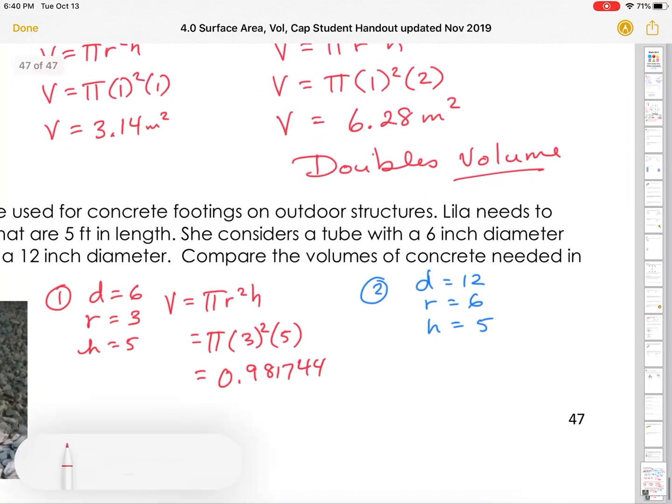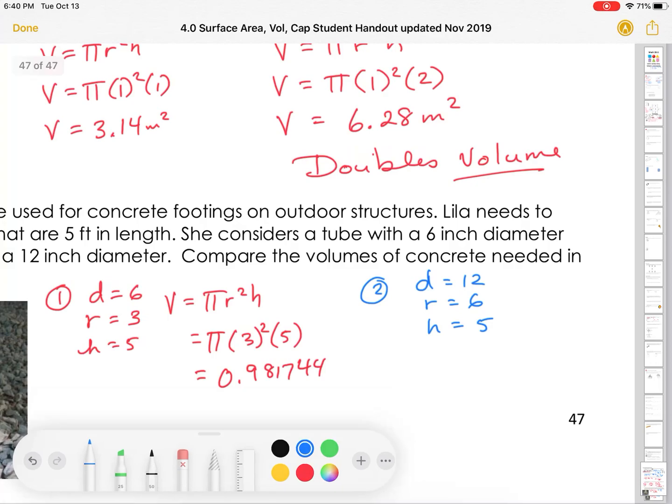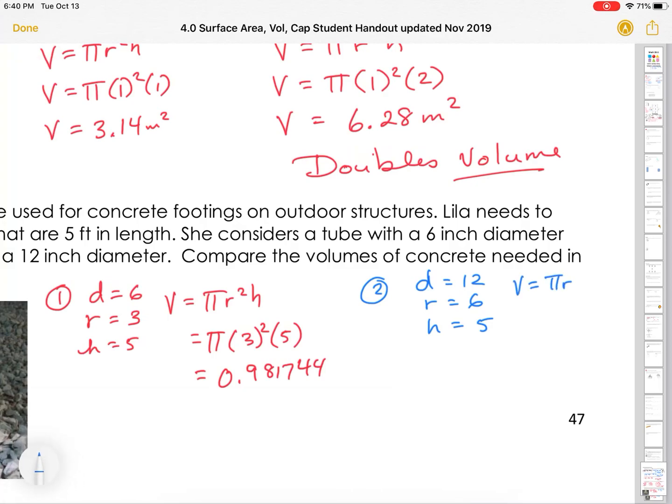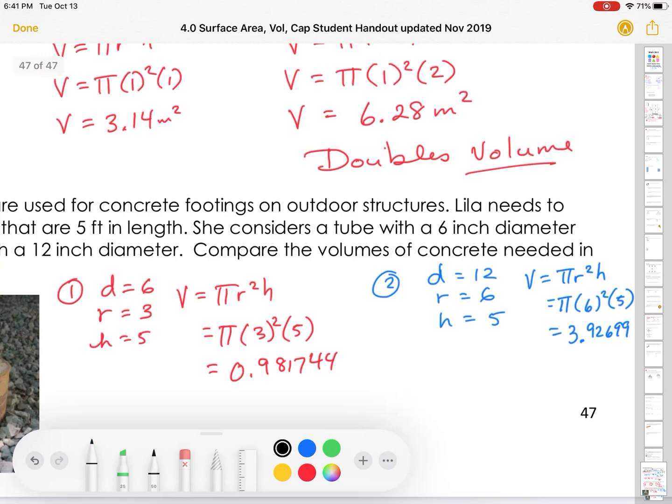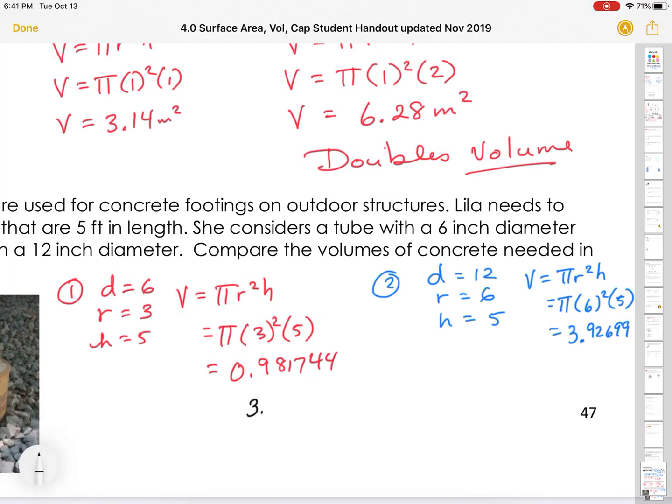Okay, for our second example, I get volume equals pi r squared h. I put it in. Pi r is now 6 and h is 5. So I multiply that through and I get 3.92699.